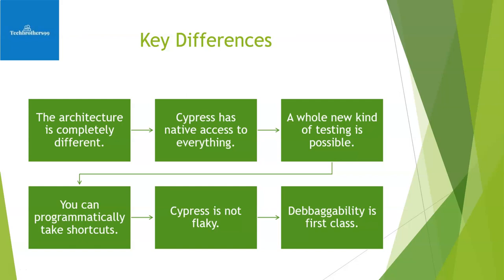And in the dashboard also, it provides all the clear steps. There are many other features to debug in Cypress. So it is very different when compared with the other testing frameworks. Thank you.